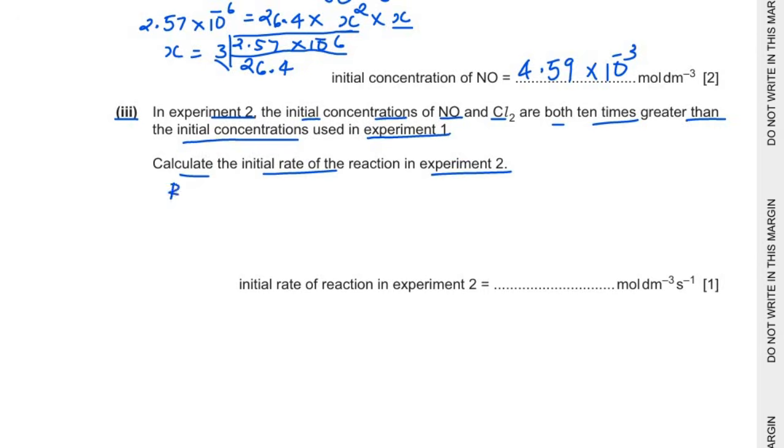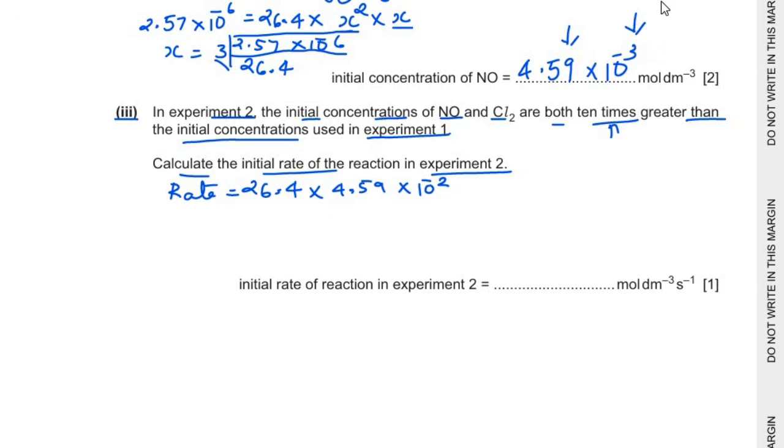So again, if we write rate is equal to the value of k, that is 26.4, and now into the concentration of nitrogen monoxide and chlorine, but then as I said, it is 10 times greater. Now we have got this value as the initial concentration, so if we multiply that with 10, then we have 4.59 into 10 power minus 2 rather than 10 power minus 3 here.